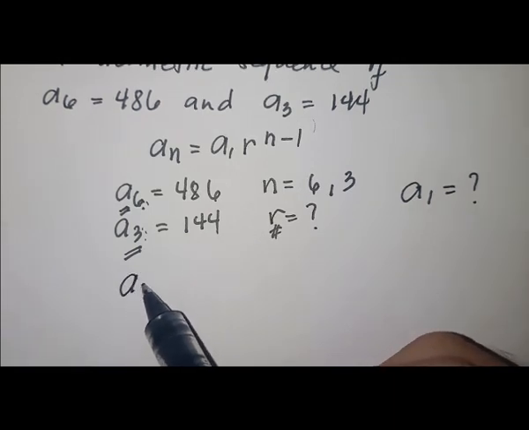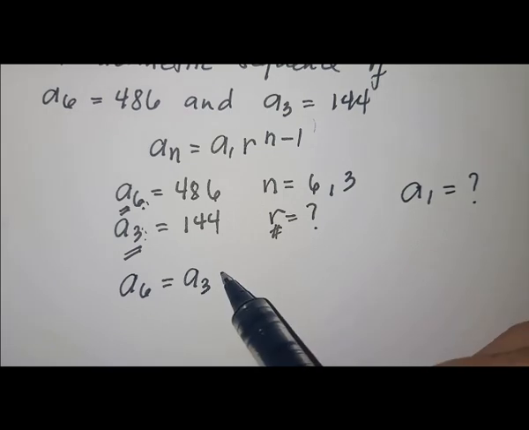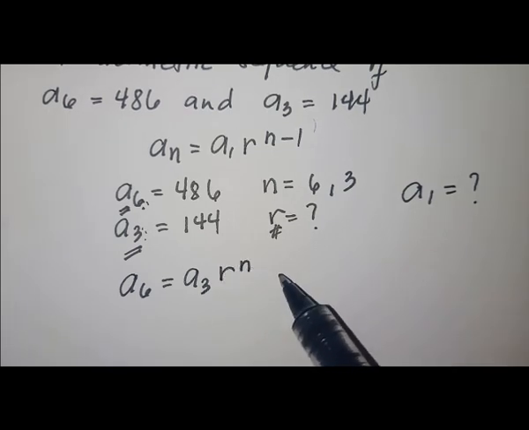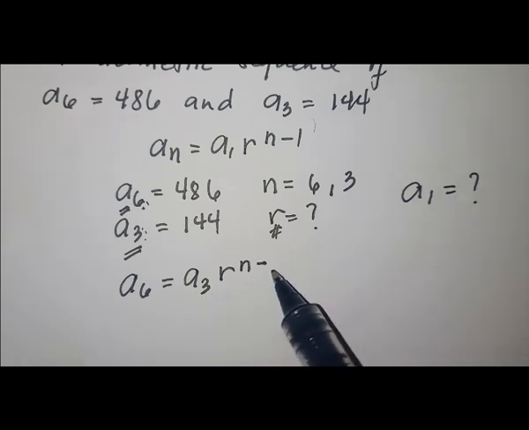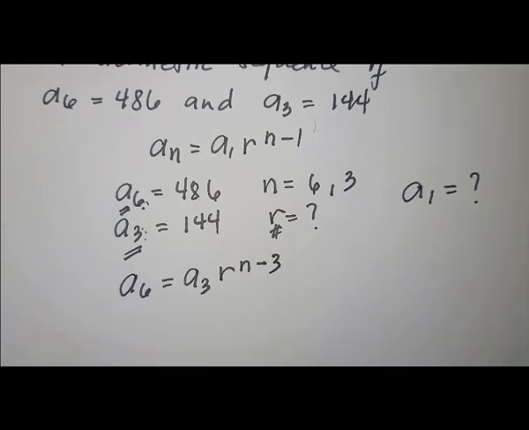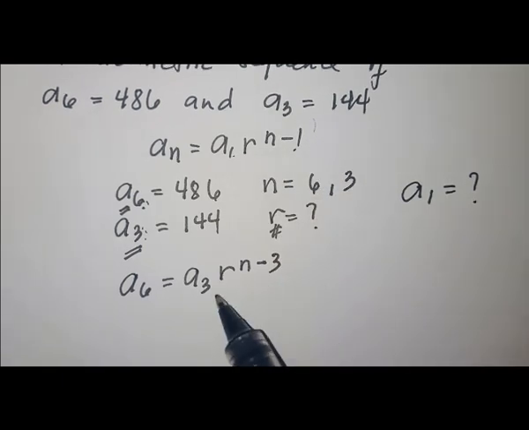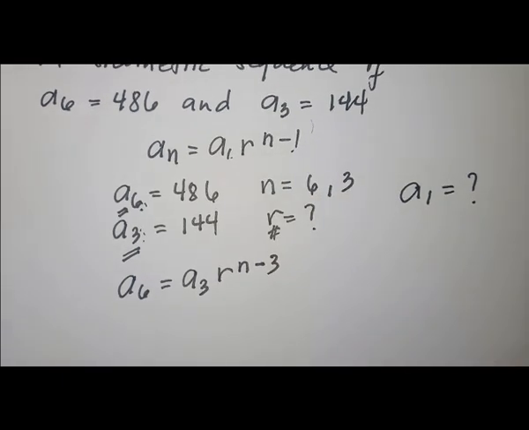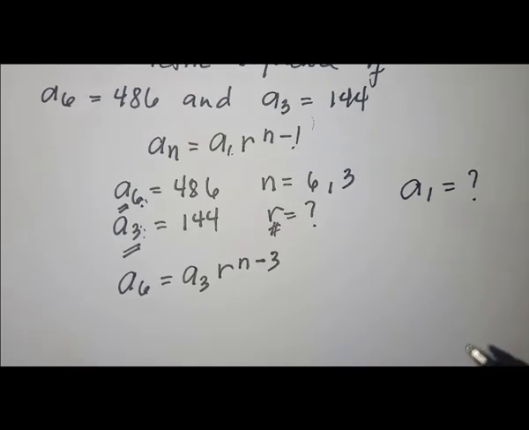A sub 6 equals a sub 3 times r raised to n minus, dahil a sub 3 yung ginamit natin, hindi na siya magiging a sub 1, siya ay magiging n minus 3. Okay? So, observe nyo, pareha sila. So, sa ganitong klase ng equation, mahahanap na natin yung value ng common ratio.